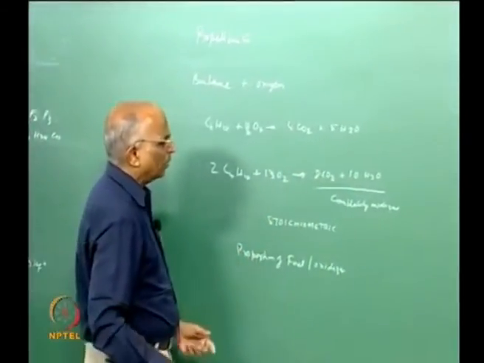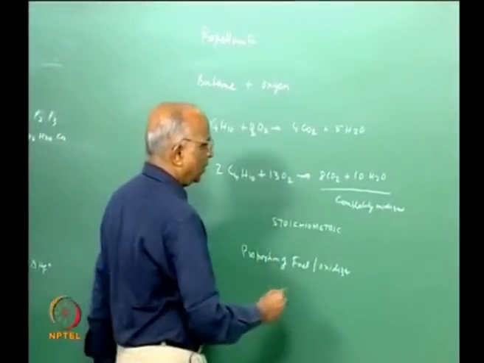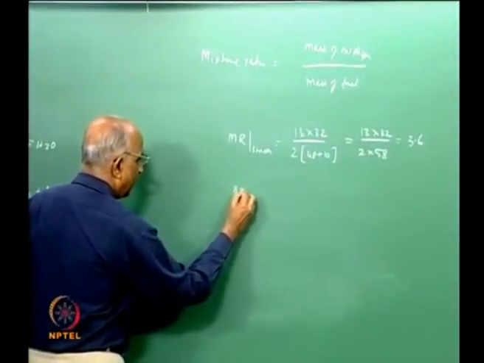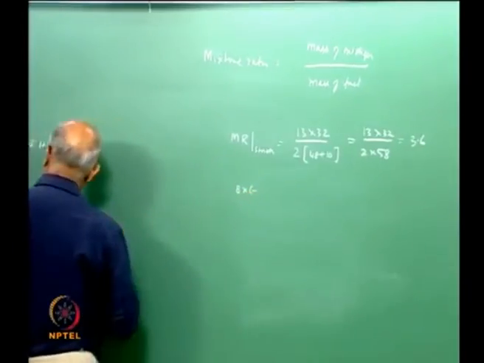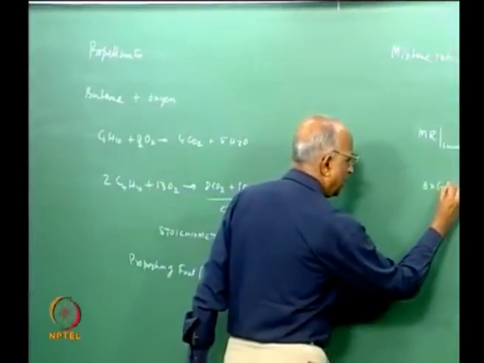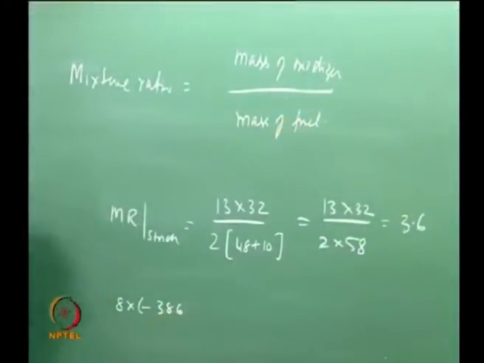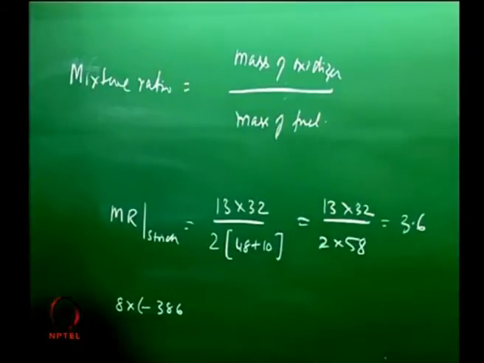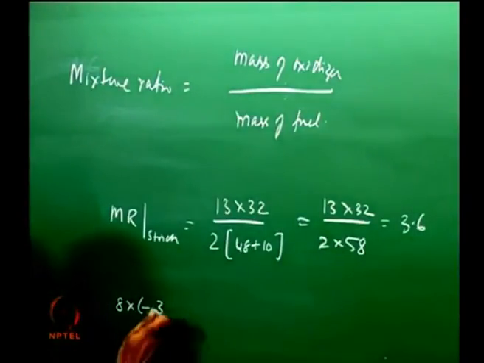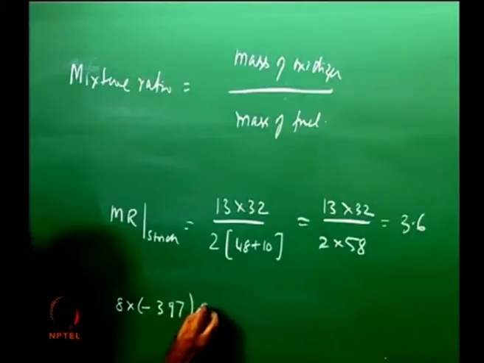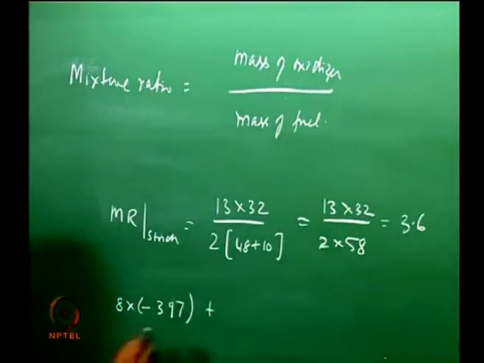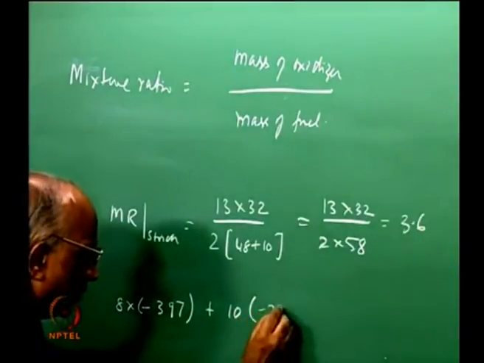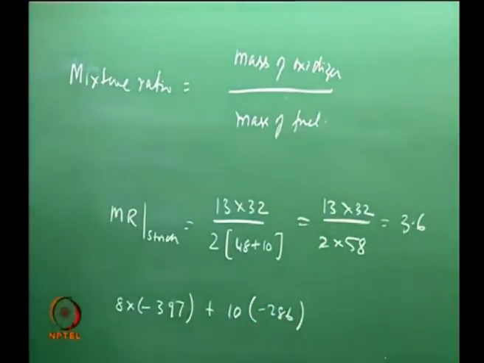Now I take another example, and how do you calculate the heat release? The heat release for this reaction is equal to 8 into minus the heat of formation of CO2, which is 397, plus 10 into water, which is minus 286, minus the heat of formation of the reactants.